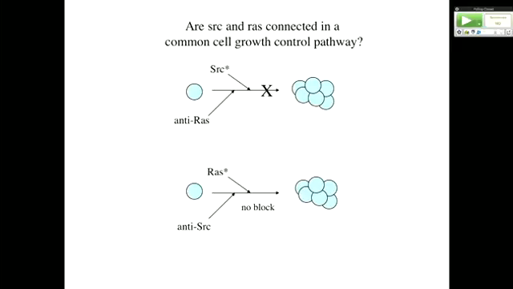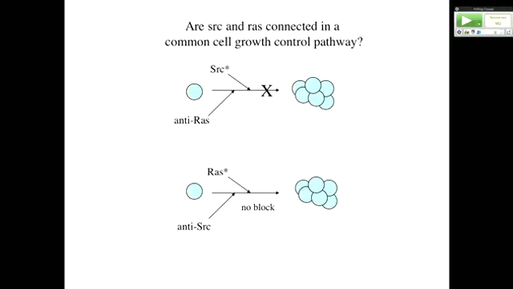And the question is, are they part of the same growth control pathway, or are there multiple growth control pathways that each one plays a distinct role in? Are there parallel acting growth control pathways, or are they part of a single common pathway? And in order to answer that, the following type of experiment was done.